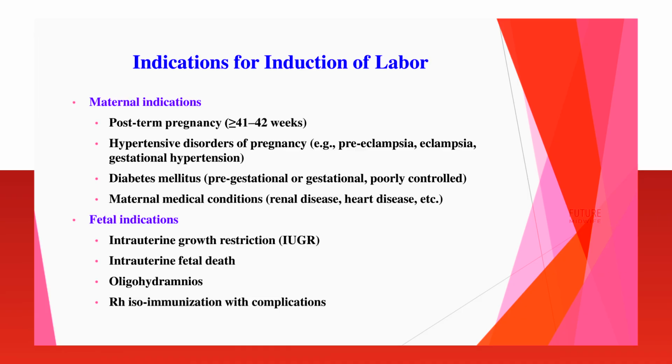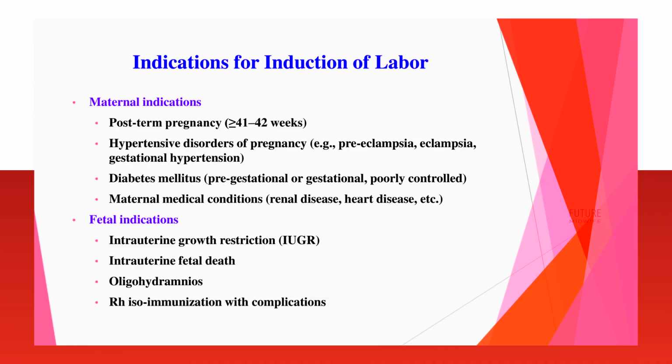First, we will see the maternal indications, which include postdate pregnancies, that means between 41 to 42 weeks of gestation, hypertensive disorders of pregnancy such as preeclampsia, eclampsia, and gestational hypertension, diabetes mellitus such as pre-gestational or gestational and poorly controlled diabetes mellitus.